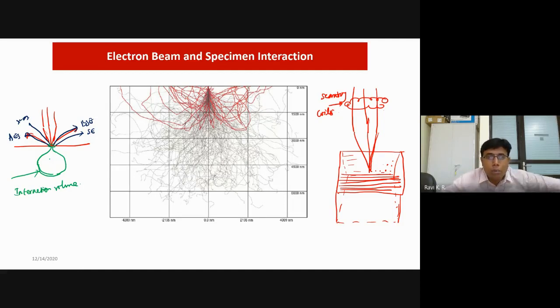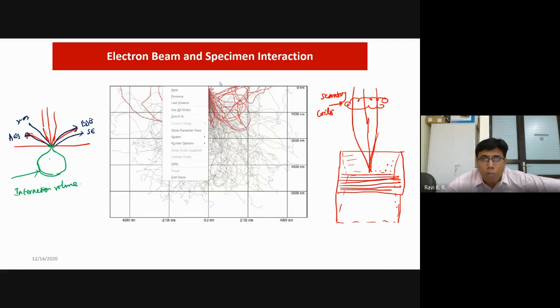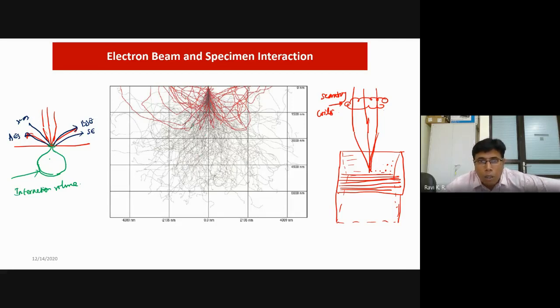Let's say this is a molecular dynamics simulated beam path. Some of these are the incoming electrons, and some are going out from the sample. These are secondary, these are electrons from the sample. You can see this region, then you have so much of the region which is what we call the interaction volume.